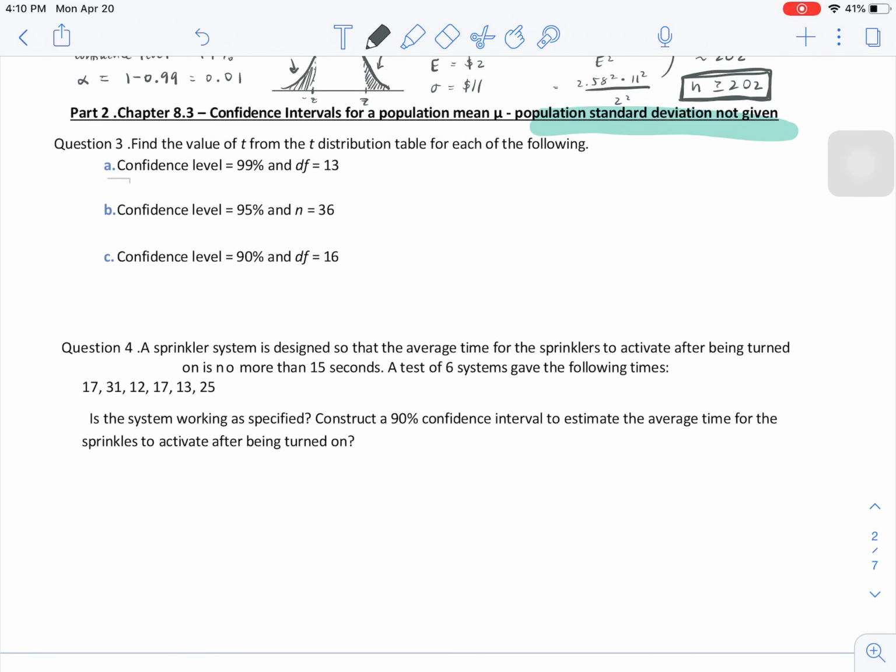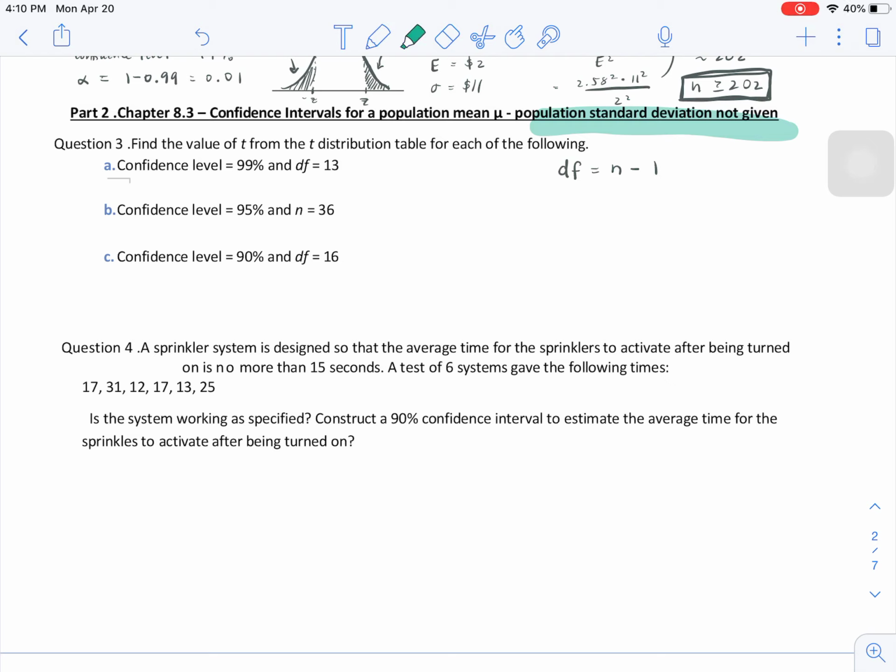So how do we find our t statistic, our t value, for a given confidence level and degrees of freedom? As a reminder, degrees of freedom, when we're dealing with the t-distribution, is n minus 1. So our sample size minus 1.